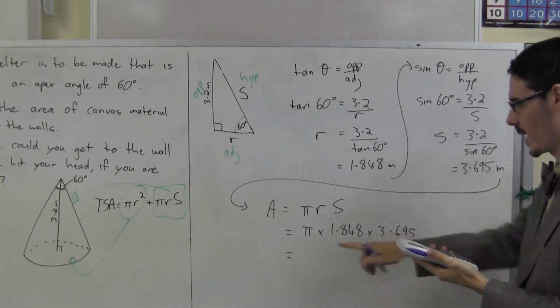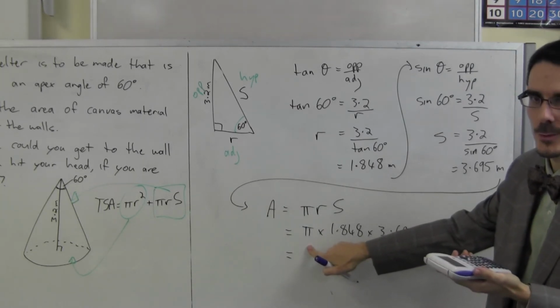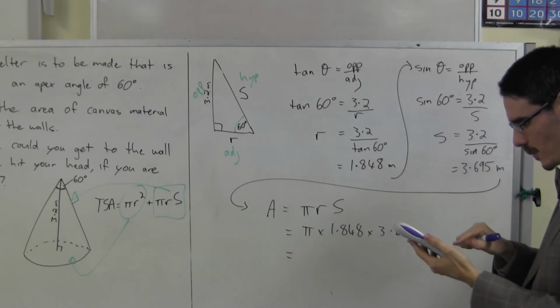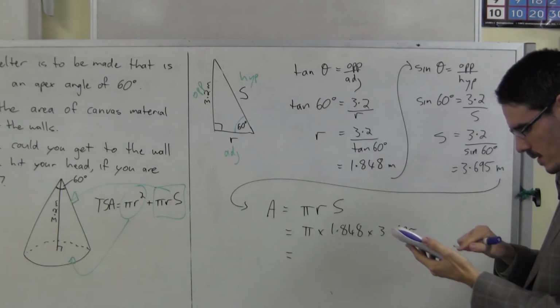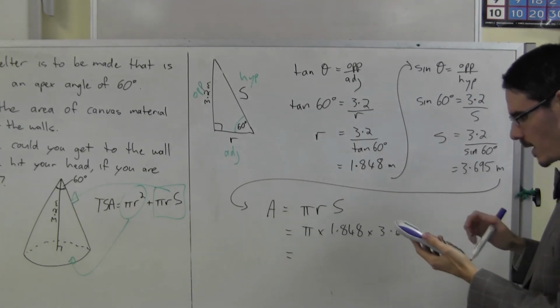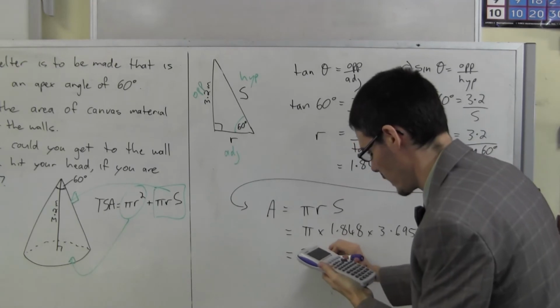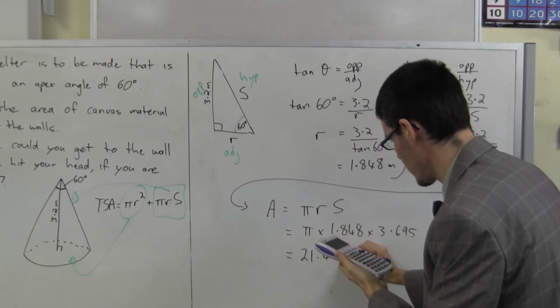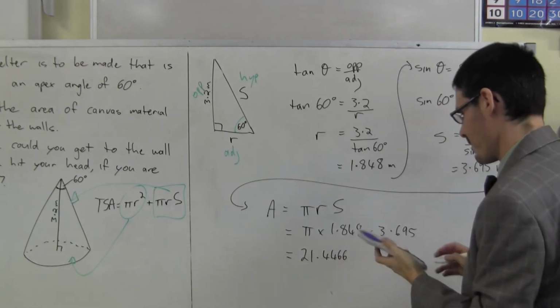Pi, always use pi on the calculator, don't type a shortened version. Times 1.848 times 3.695, and that, okay. 21.4466, and it goes on.